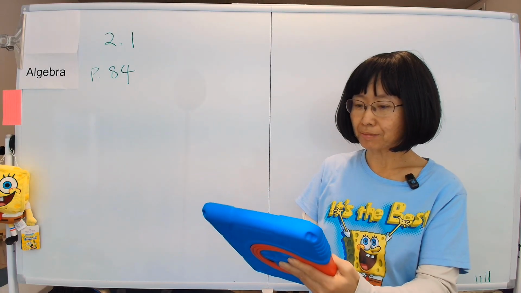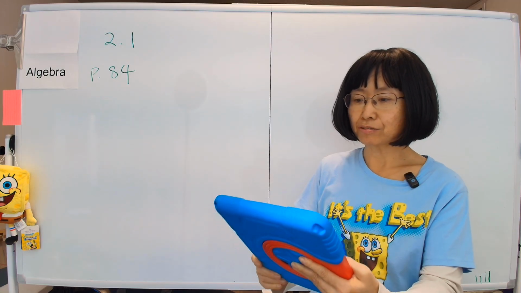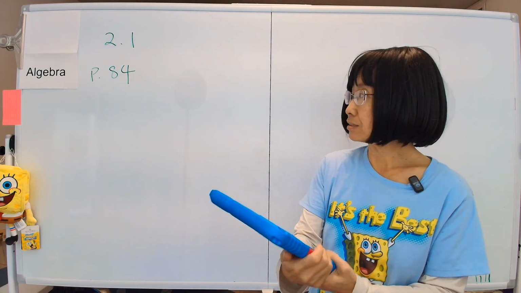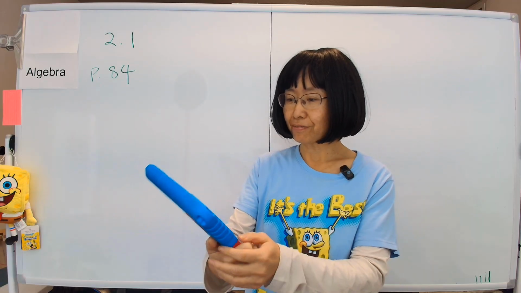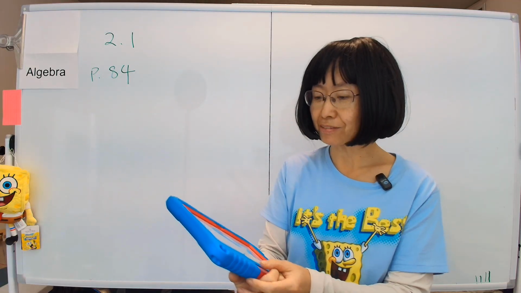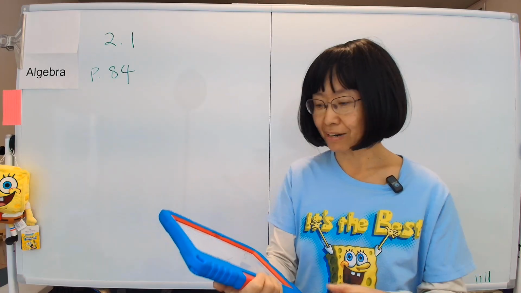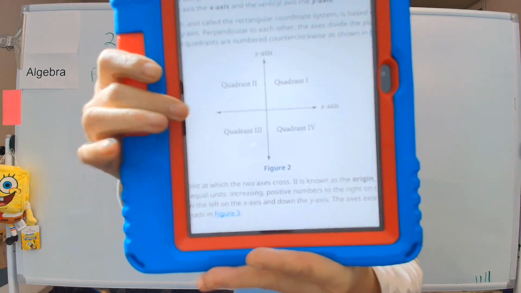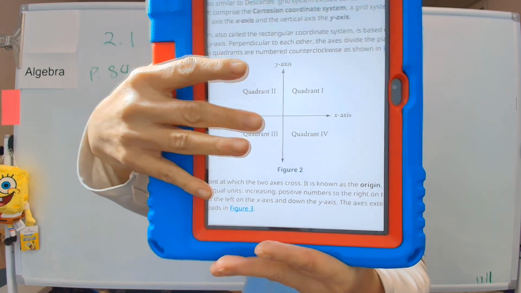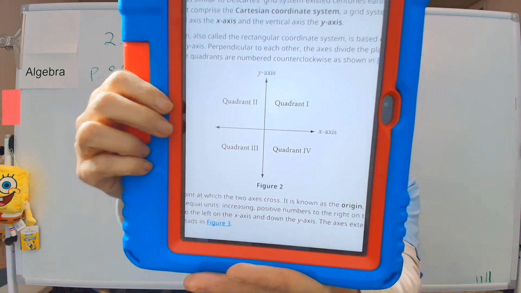We are starting in chapter 2, and we're going to talk about the Cartesian coordinate system. The Cartesian coordinate system is a way that the famous mathematician René Descartes drew out in order to map out the ground. So we'll start at some point on the ground. We'll call it 0. Right here in the middle, that's (0, 0), also called the origin.